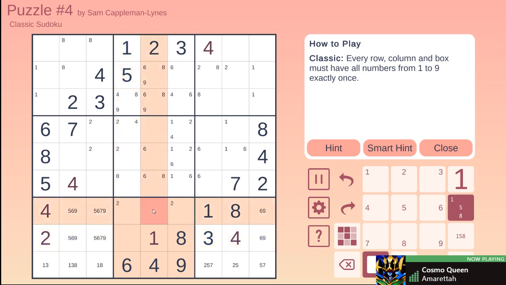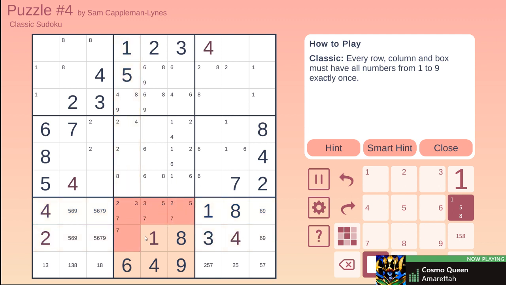Great. So what else is in this square? Well, there would be a 3, a 5, and a 7. So the 3 would have to be in one of these 2 spots. 5 could be in any of these 2 spots. 7 could be anywhere.